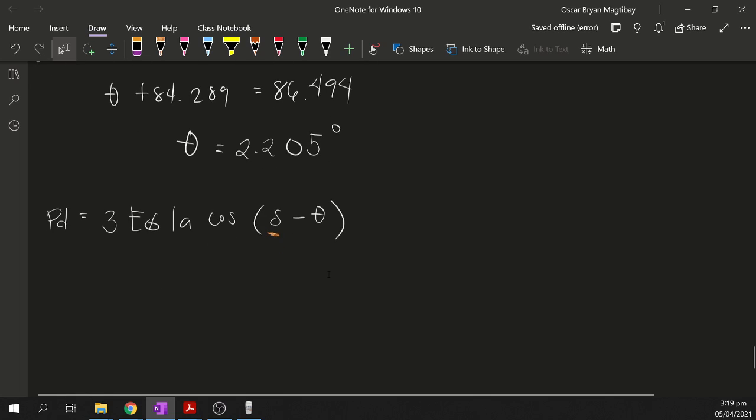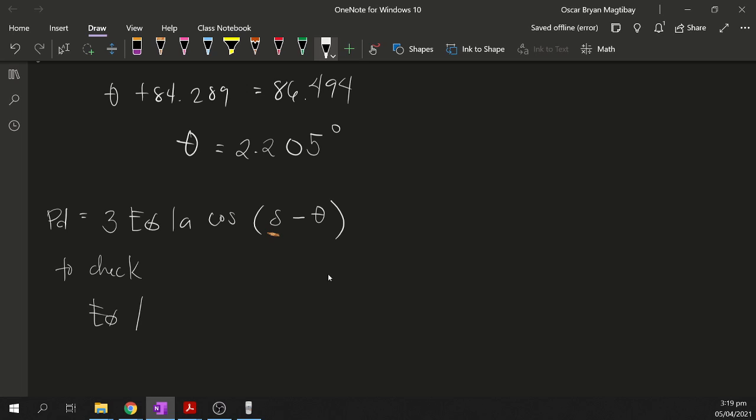So, to check, mag-check muna tayo. Check natin yung ating sagot. Pwede natin gamitin yung A phase bar angle sigma is equal to V phase bar angle 0 minus IA bar angle positive theta dahil leading times RA plus JXS.